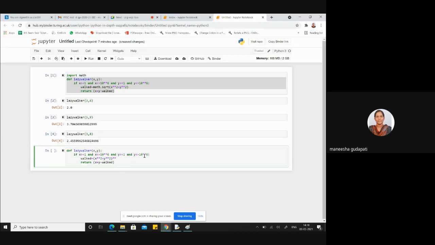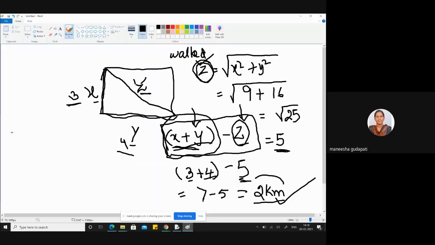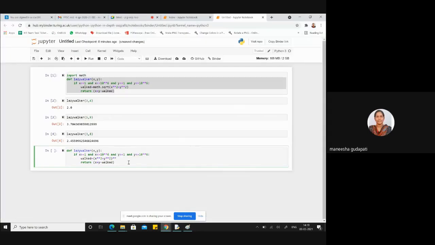So square root of x, how can you rewrite this in the form of powers? X power 1 by 2. Yes, very good. How can I write this 1 by 2? I can rewrite this as x power 0.5. The same thing you can apply here.